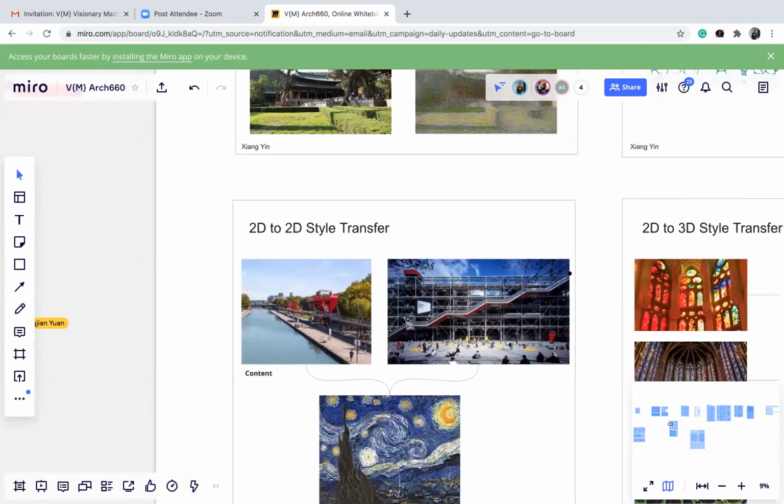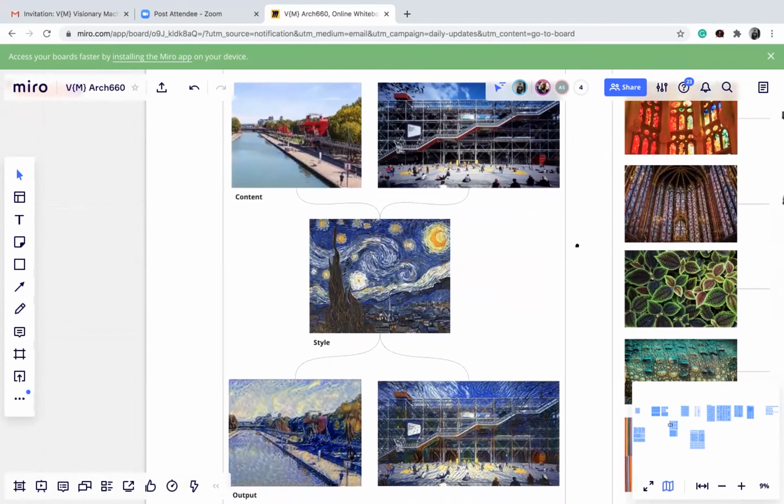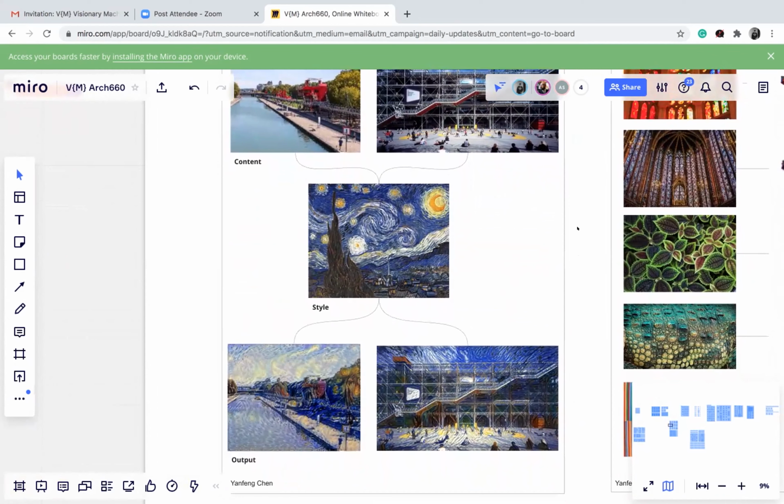And also here is 2D to 2D style transfer where I combined the style with Pactala and Centre Pompidou to see the effect of these two architectures, so it's the way they merge and create another scenery of the architecture.